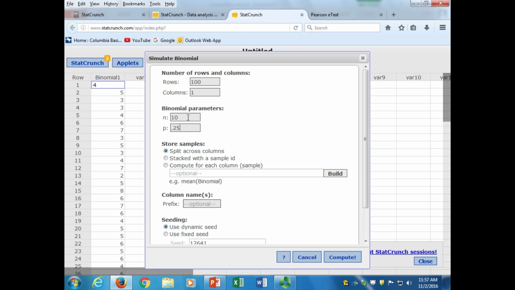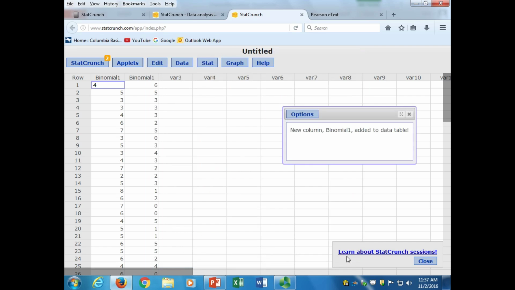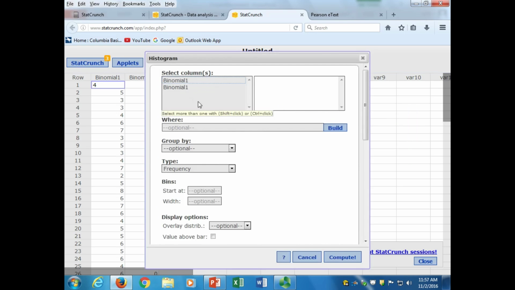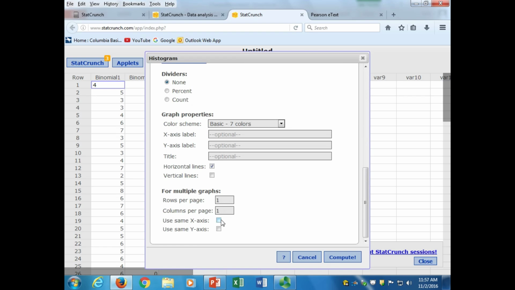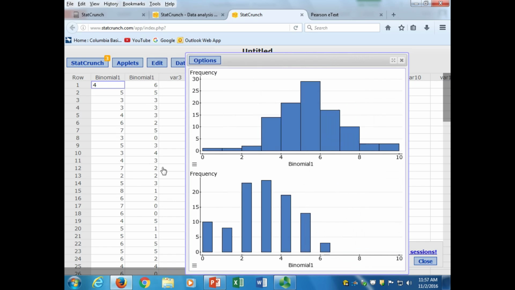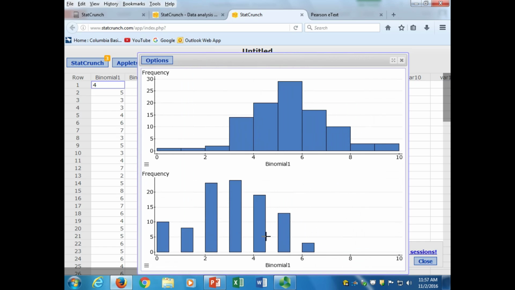So now I'm sampling 10 students, and there's a 25% chance they work full time. Well, if we look at that histogram, we'll stack them on top. Then what do you see? What happens to it? It has more of a skewed shape, right?